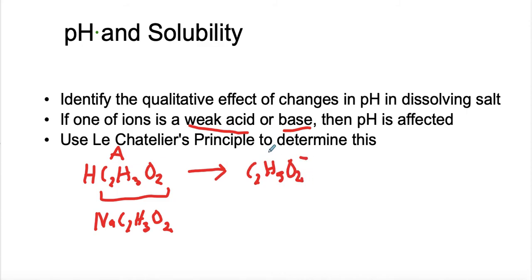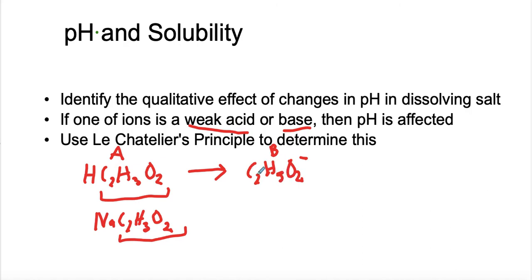That's your acetate ion, the base. So this is your acid-base pair, if we remember from talking about that. If you add an ion that has your conjugate base in there, then that's going to affect the pH. And you can think about that in terms of Le Chatelier's principle.